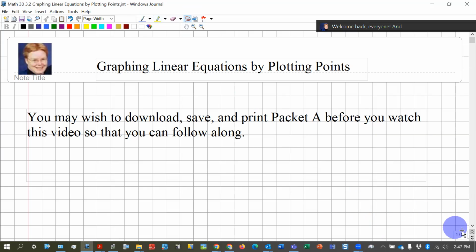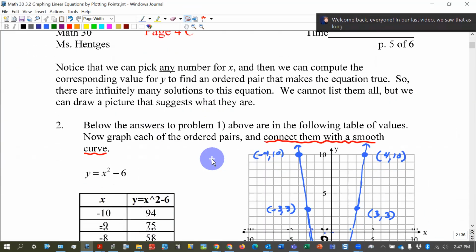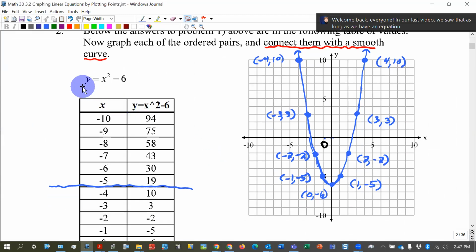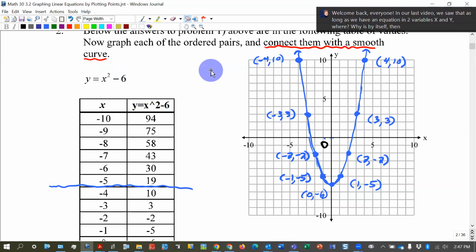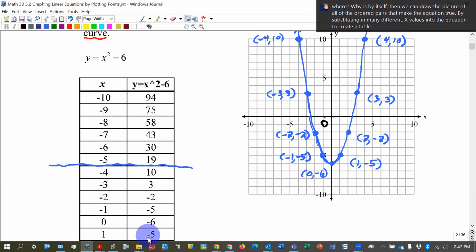In our last video, we saw that as long as we have an equation in two variables, x and y, where y is by itself, then we can draw the picture of all of the ordered pairs that make the equation true by substituting in many different x values into the equation to create a table of values.